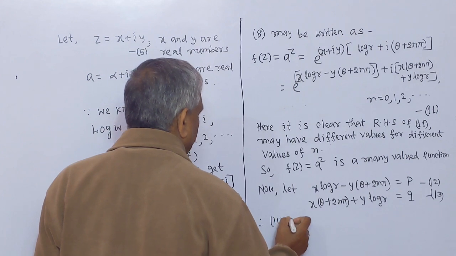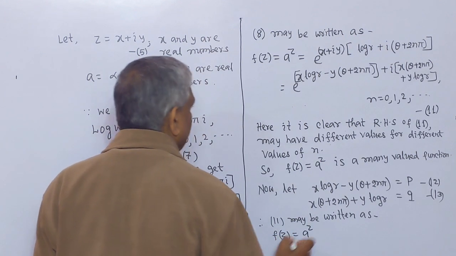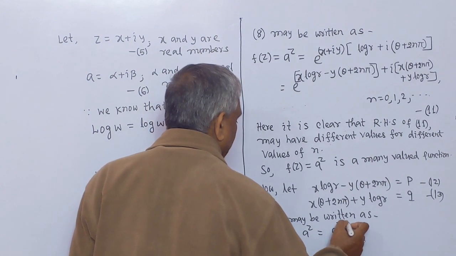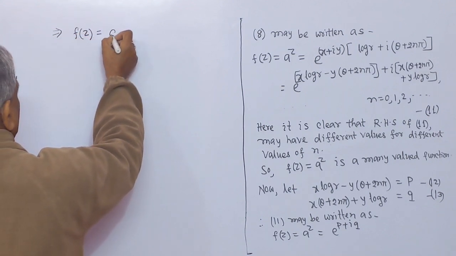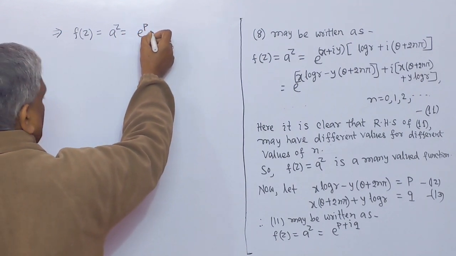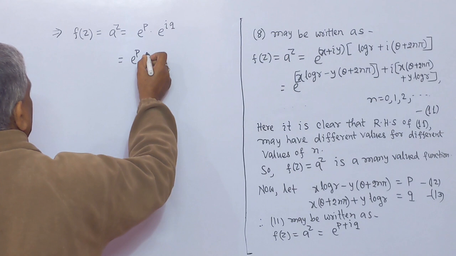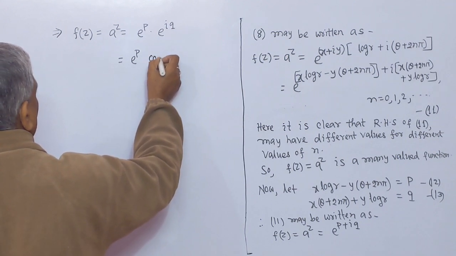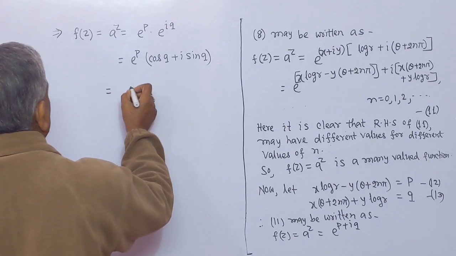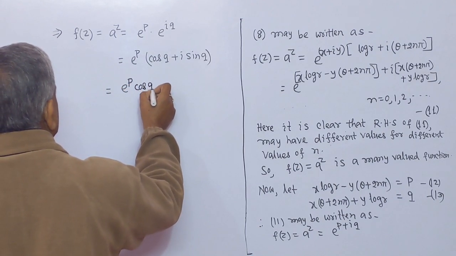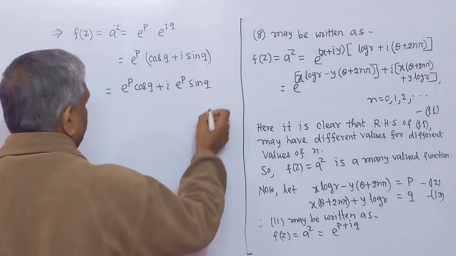Therefore 11 may be written as f(z) = a^z = e^(p + iq), which implies that a^z = e^p times e^(iq) = e^p (cos q + i sin q) = e^p cos q + i e^p sin q. This is number 14.